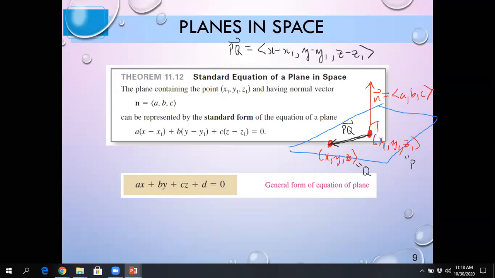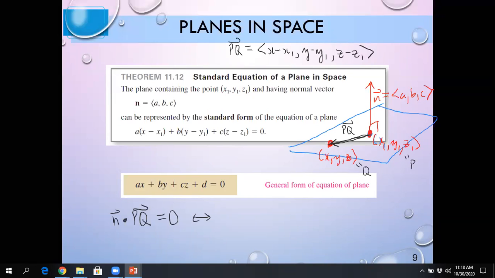The plane could be tilted and doing all kinds of weird stuff. They're going to be perpendicular. And if two vectors are perpendicular, what do we know is true about their dot product? It will be 0. So if I take n and dot it with PQ, I will get 0.